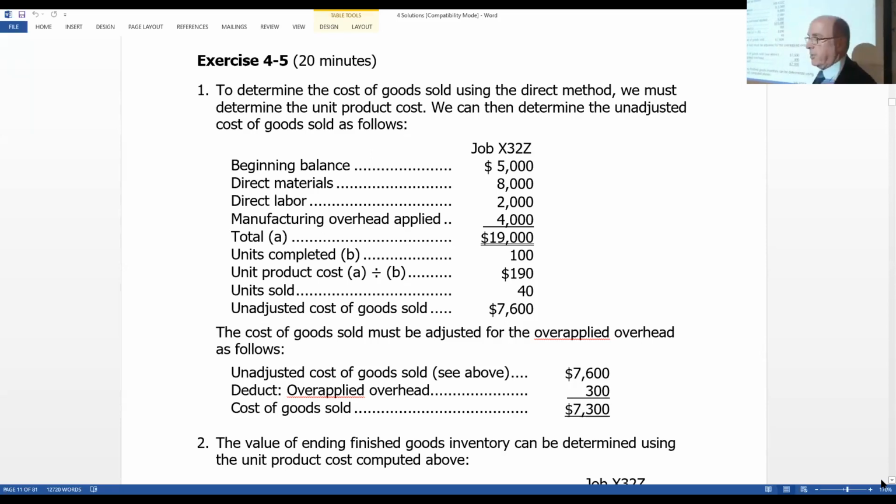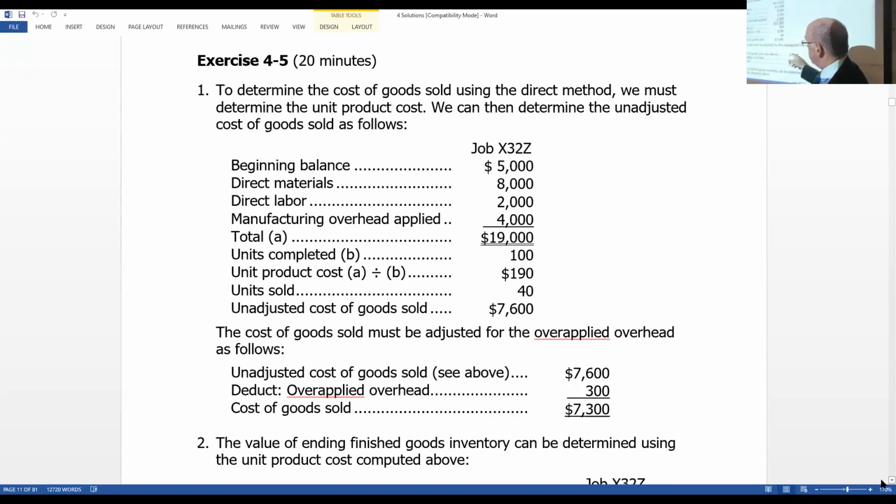Why do they call it unadjusted cost of goods sold? Because you haven't adjusted for the overrun. Yeah, we haven't adjusted for that 300 too much that they put in before, right? It really should be 7,300, but it's 7,600. How do we know that? Because it said it was over-applied by 300. So the cost of goods sold must be adjusted for the over-applied, meaning overestimated overhead as follows.